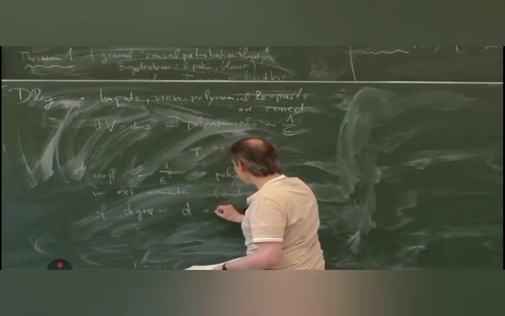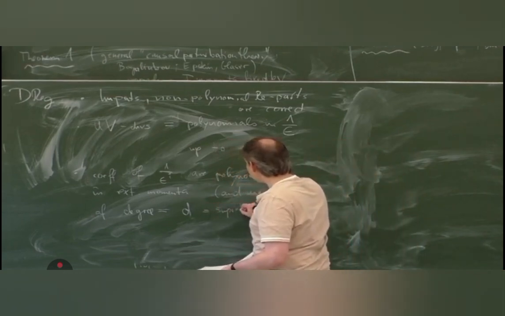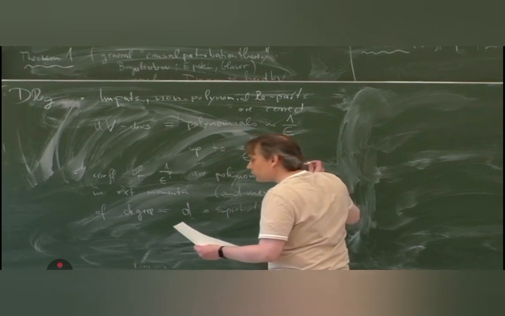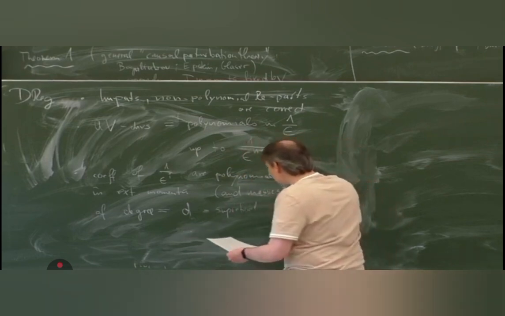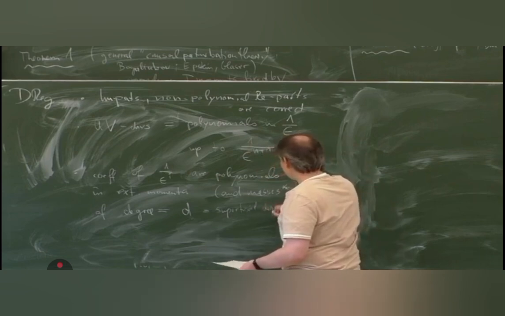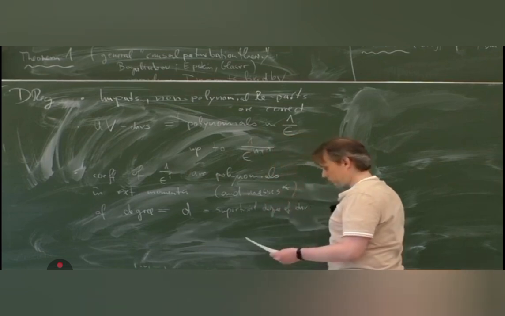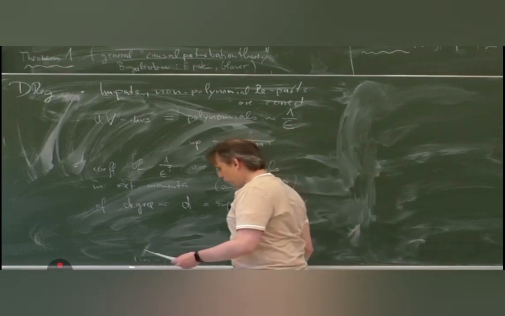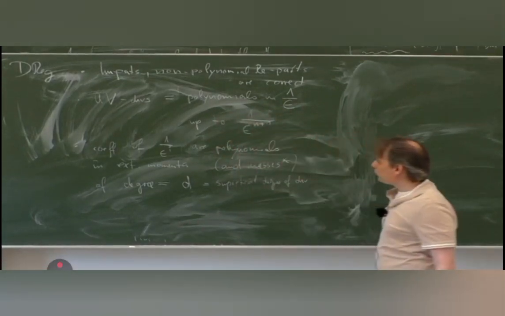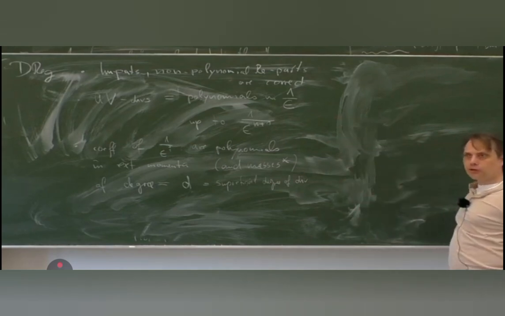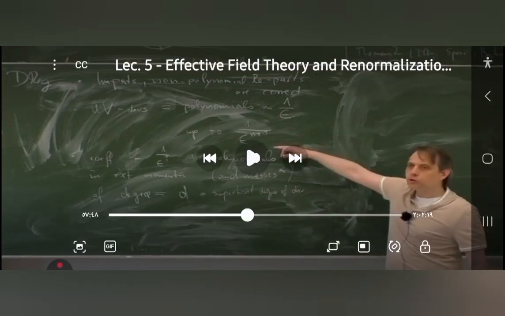So this is then often called the superficial degree of divergence in order to distinguish it from the degree of divergence of subdiagrams or whatever. So this is the main statement. You know how many 1 over epsilon poles appear, and you also know that there are no.